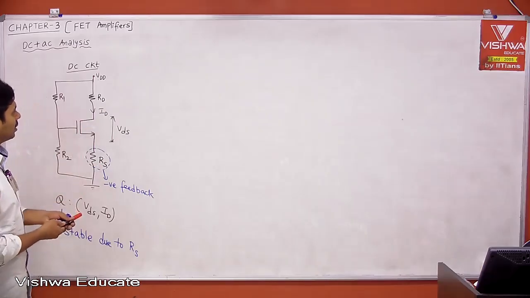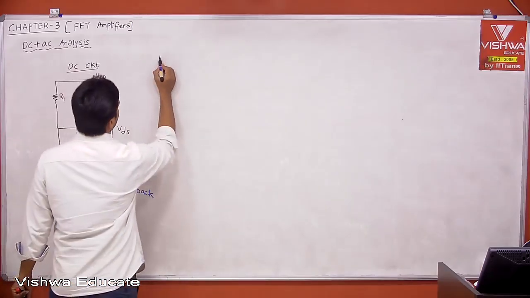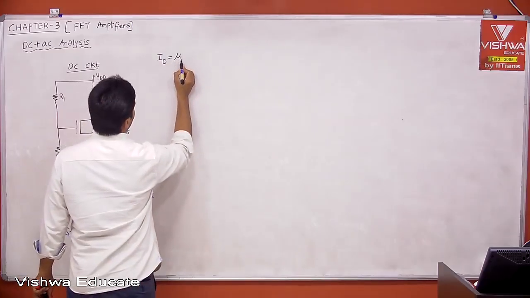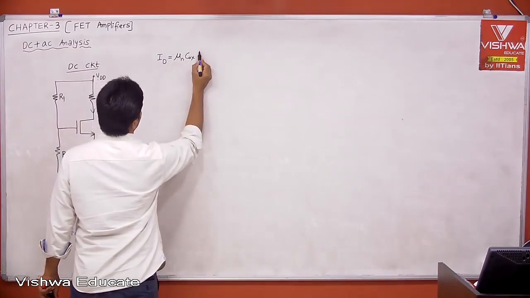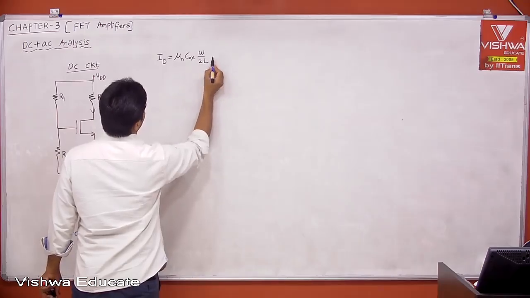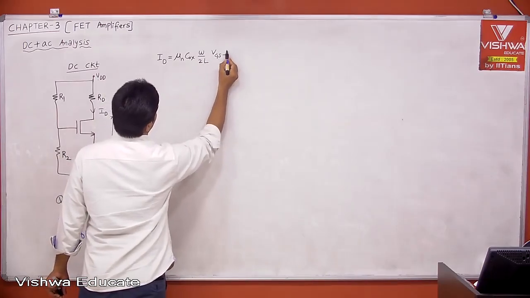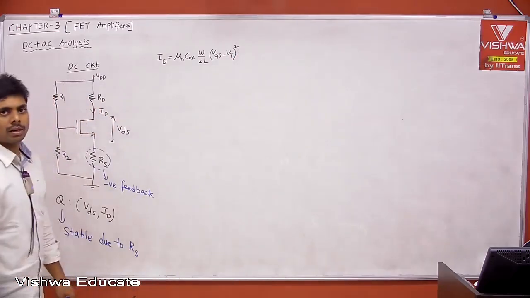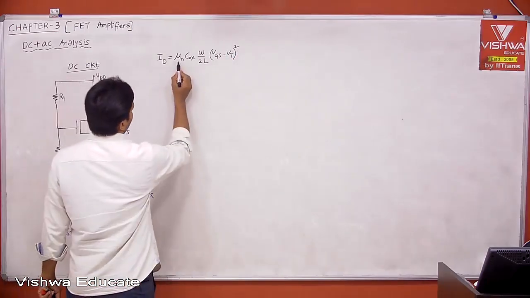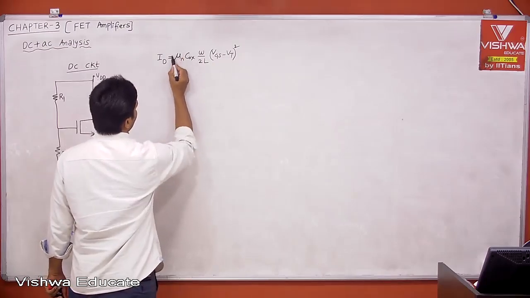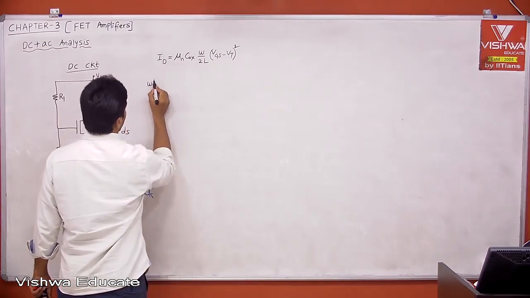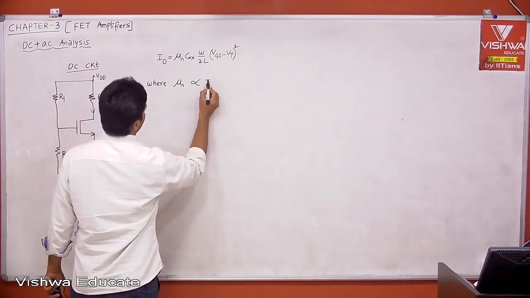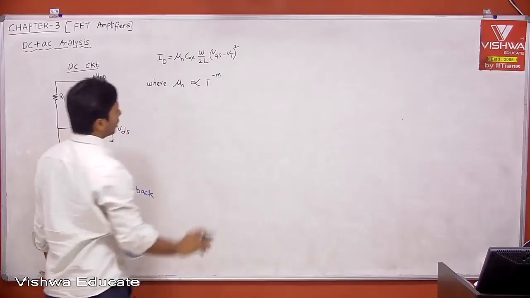Similarly, what is ID here? I already gave the saturation current equation: ID is equal to mu n Cox W by 2L into (VGS minus VT) whole square. Now, mu n, the mobility, is a function of temperature, inversely proportional to temperature, T to the power of minus m.